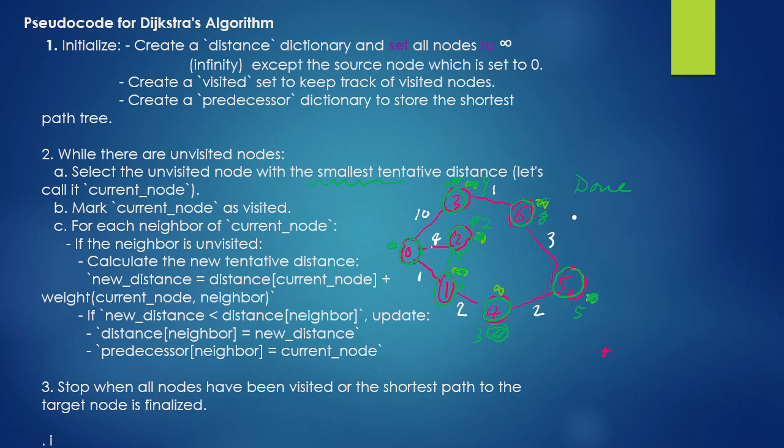From here, you can see the shortest path tree. Now, let me draw the shortest path tree. Let me change the color. Okay, I'll just use this one. From 0, you go to 1, and then 2.